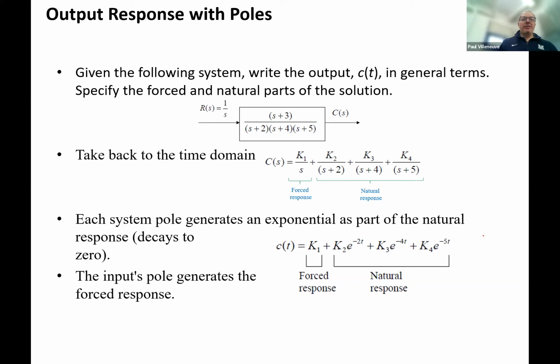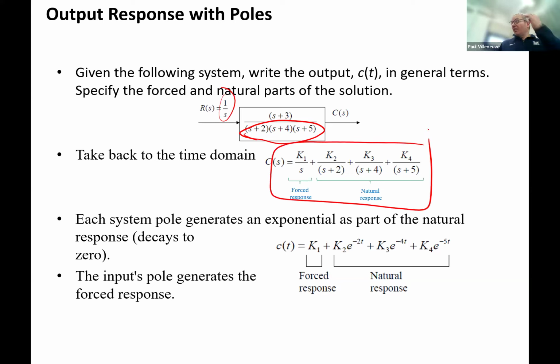We hit it with an input, which is going to give us a steady state function, and then these 3 are going to decay with time. I can do my partial fraction expansion, but I'm not going to actually do that because I don't really care what those are at this point. So I have a K1 term, which is my steady state response, and then my K2, K3, and K4 are all decaying exponentials.